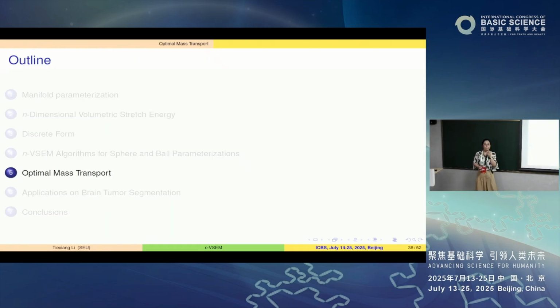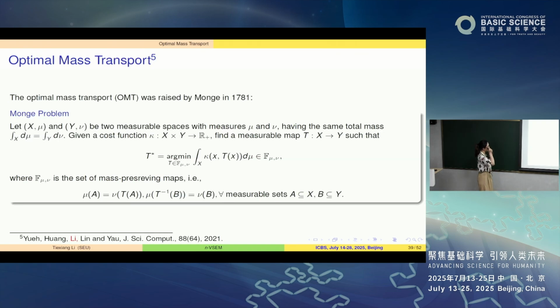Okay, so now we want to combine the mass preserving idea with the optimal transportation idea together. We call it optimal mass transport. I want to introduce this idea here. Firstly, let's recall the Monge problem.